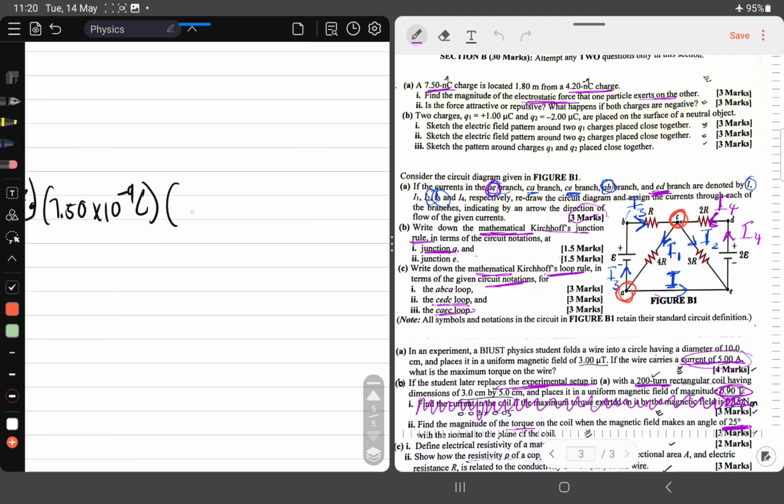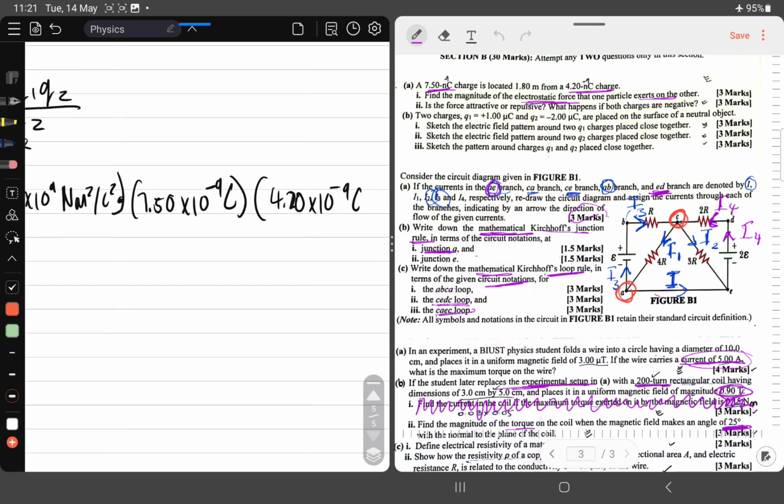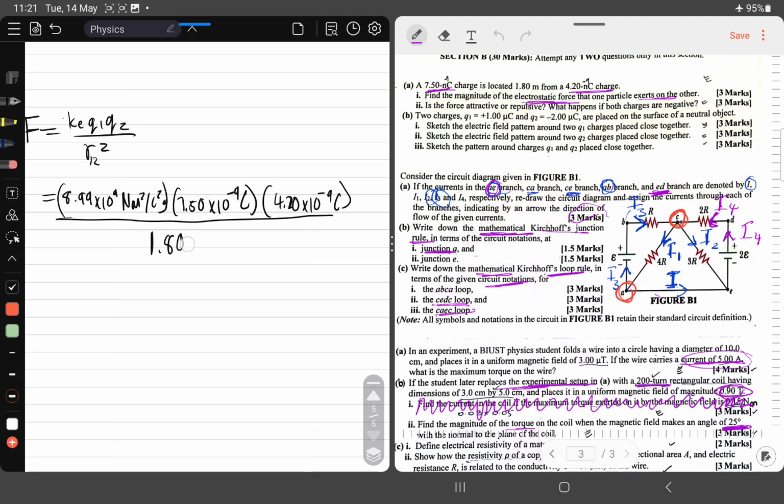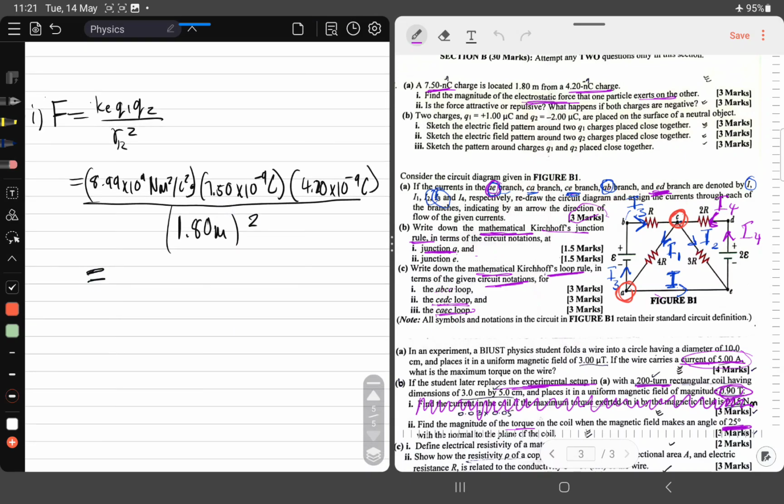Then times 4.20 nano, which is 4.20 times 10 to the negative 9 coulombs. And this is all over their distance, which has been mentioned here as 1.80. So it's 1.80 meters squared. Don't forget to square it. And then we can get our force.